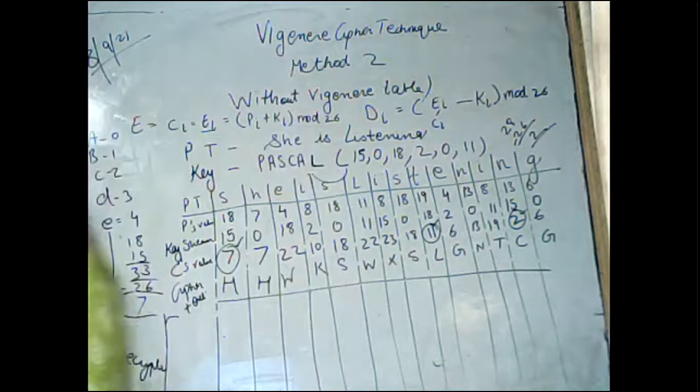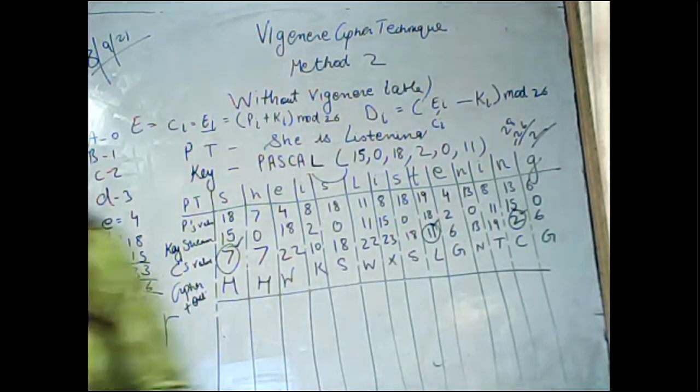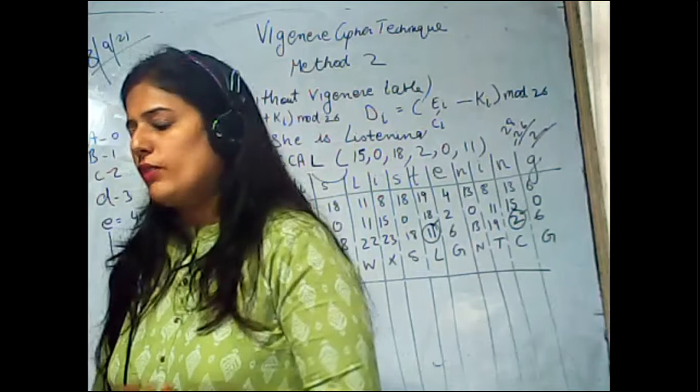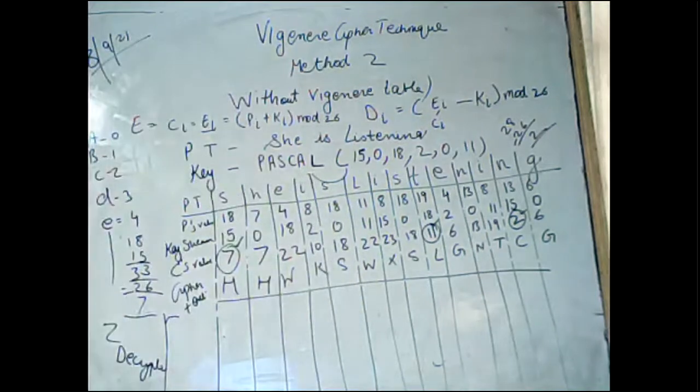If we get the answer in negative form, we will add that 26 value to that particular value. So this was all about the Vigenere cipher technique.